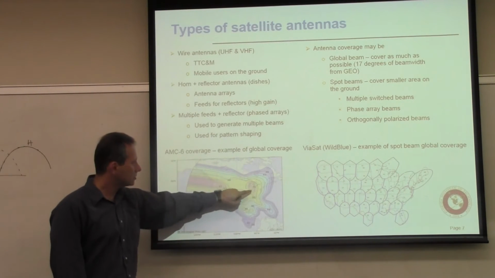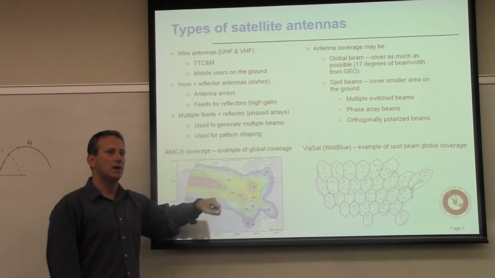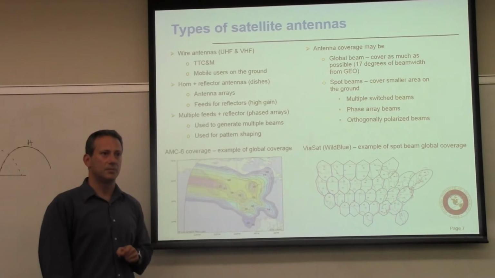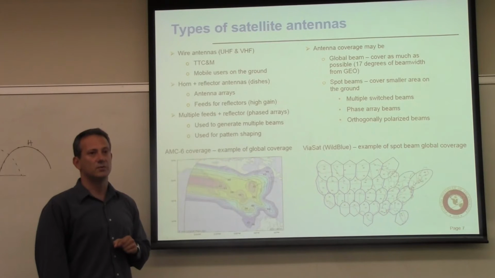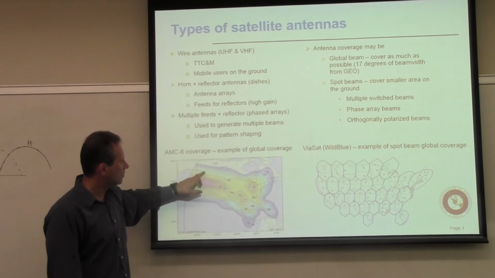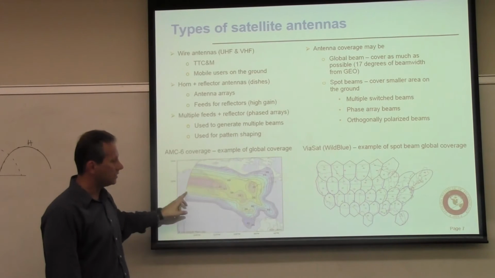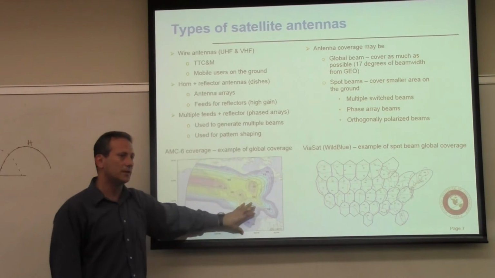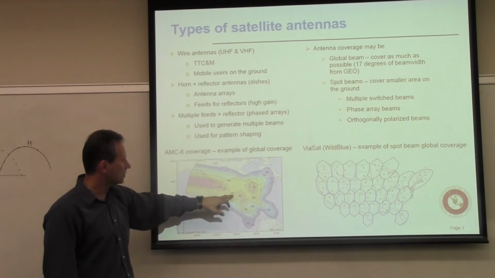Right? So everywhere in this contour, when I do link budgets, I can assume that my transmitter power on the satellite is 51 EIRP. And then in this area here, it's 50, and then this contour here is 48. So everywhere in this contour is 48, and then here it's 52, and so on and so forth.